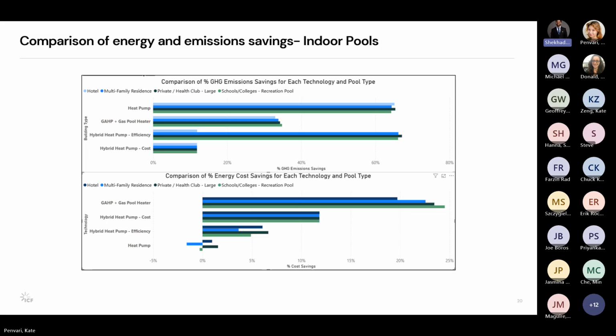Again, we noted that GHAP has the highest energy saving potential, primarily for larger pool types where the equipment stays on for the majority of the hours due to predictable steady loads for larger indoor pools. As we saw for outdoor pool cases, the heat pump and hybrid pool heater, when run on efficiency mode, have a higher percentage of emission saving potential.